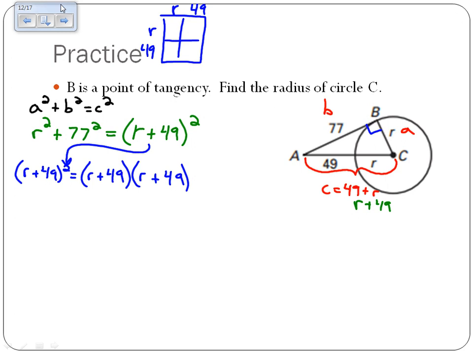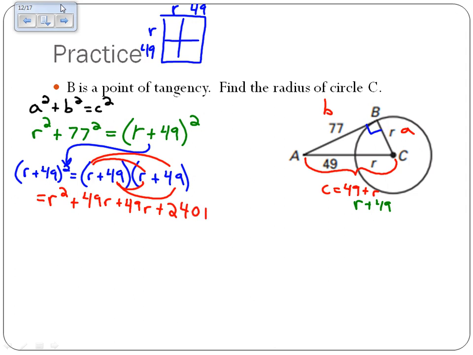You'll get the same answers. So if we FOIL, we do first, which is R times R gives me R squared. Then we do outsides, which is R times 49, will be 49R. Plus insides is 49R again. And then last is 49 times 49, which is 2401.